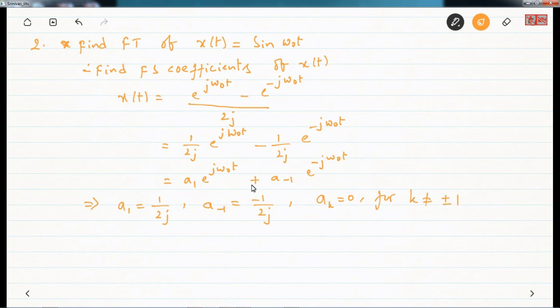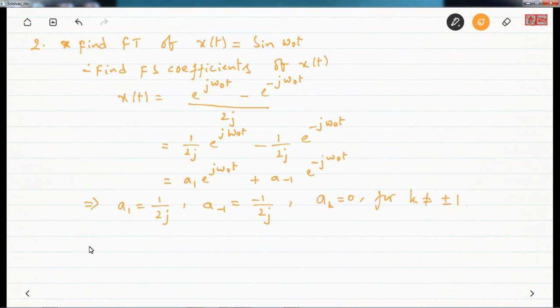We said that we can do it by inspection. We did this example in the last class. So here the Fourier series coefficients are a_1 equal to 1 by 2j, a_minus1 equal to minus 1 by 2j, and all the remaining Fourier coefficients are 0.